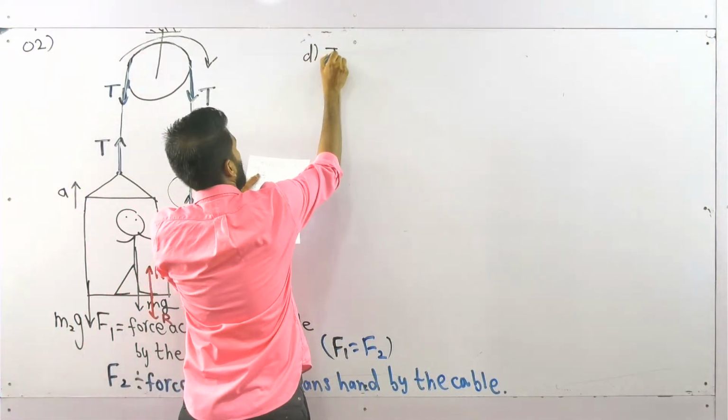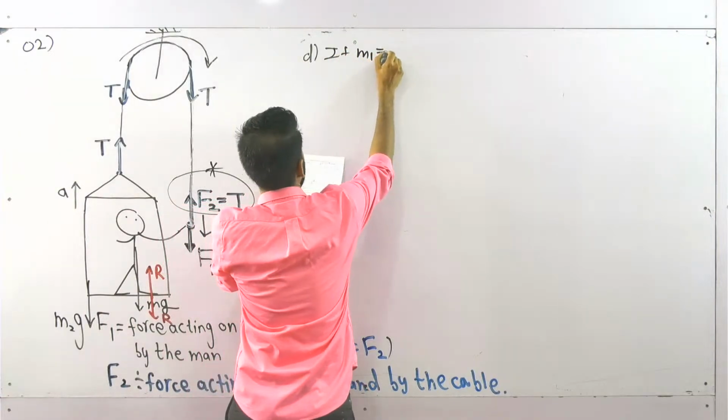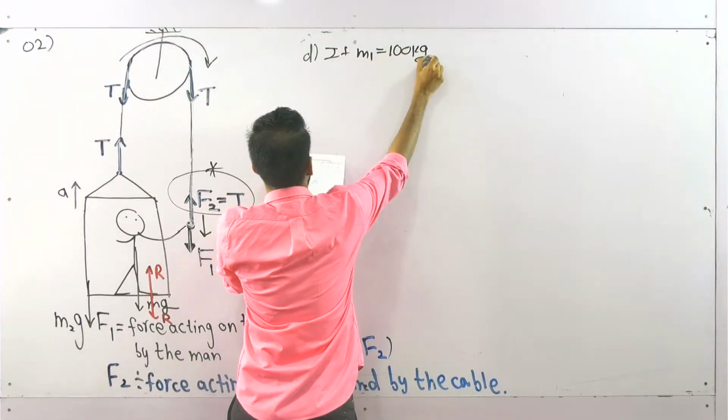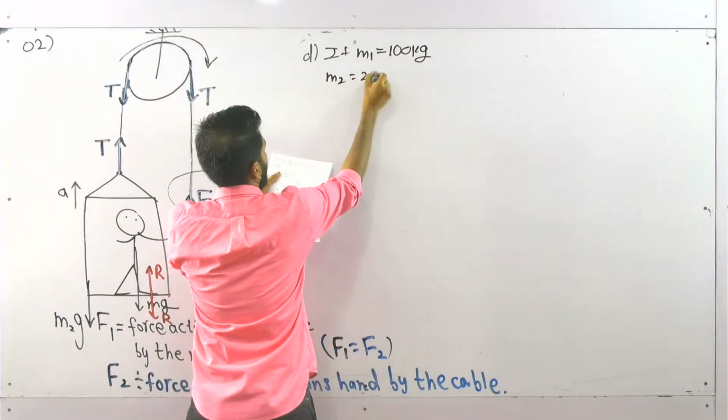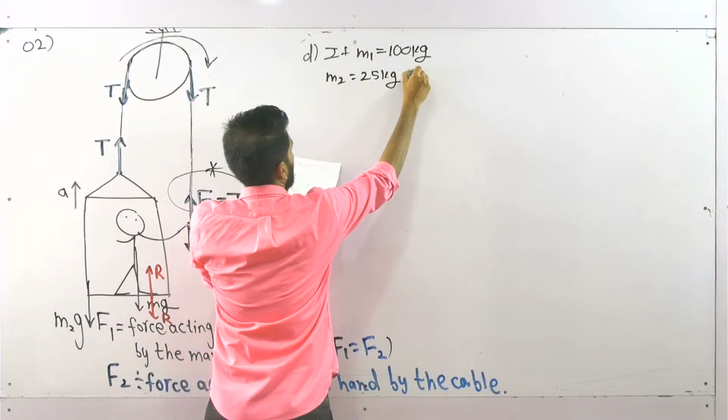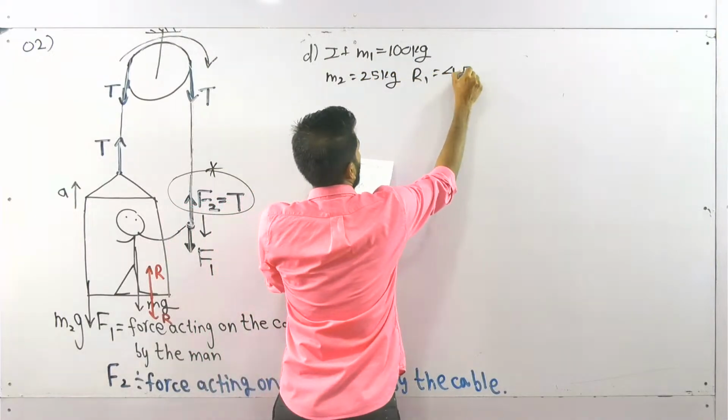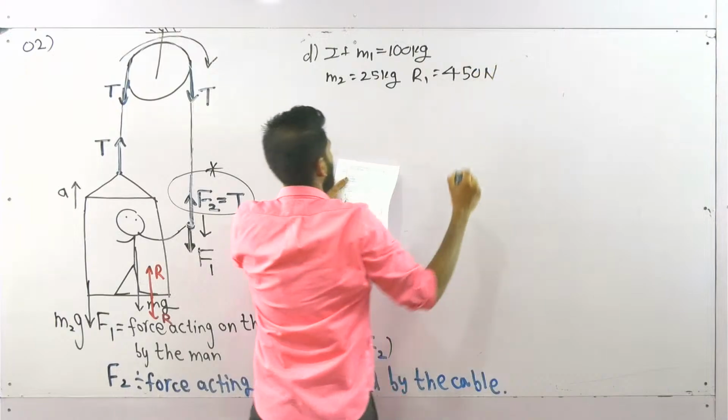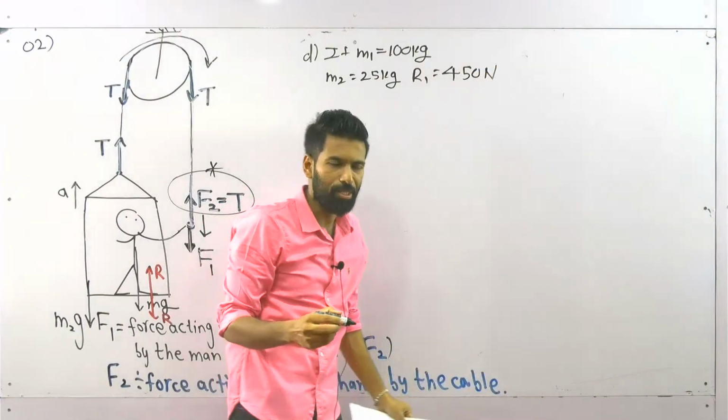Part D. If M1 is equal to 100 kilograms, M2 is 25 kilograms, and R1 is 450 newtons, determine the acceleration of the system.